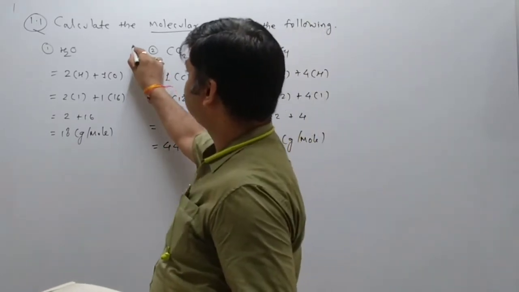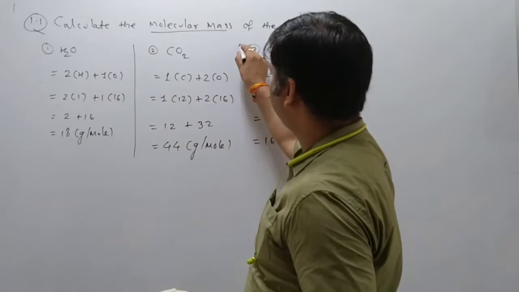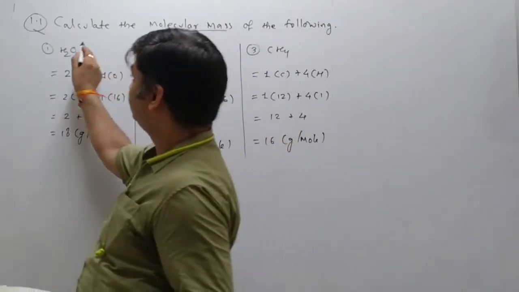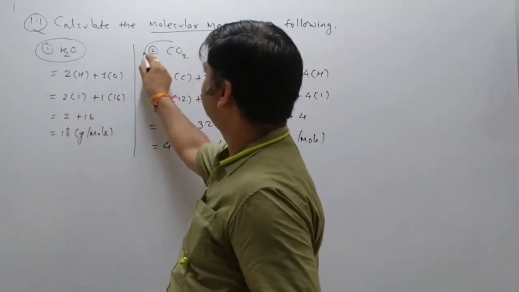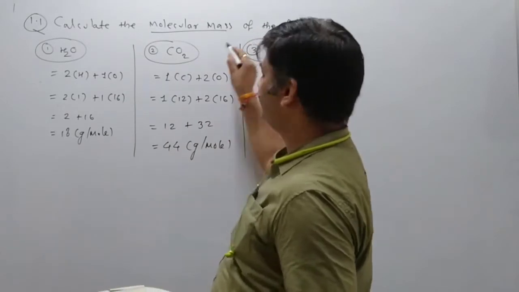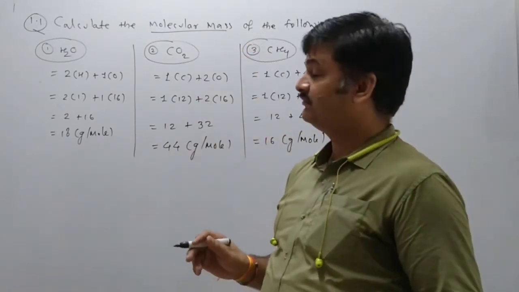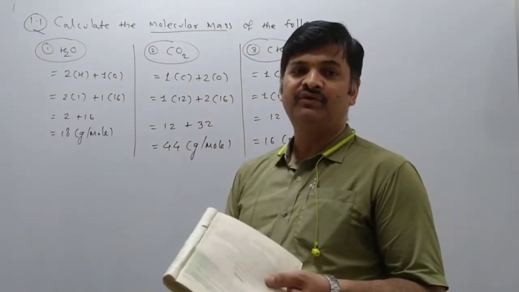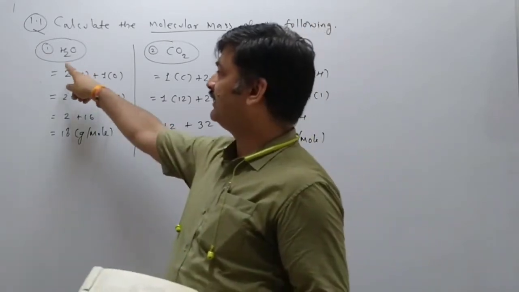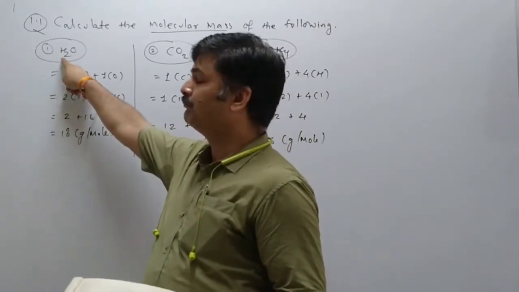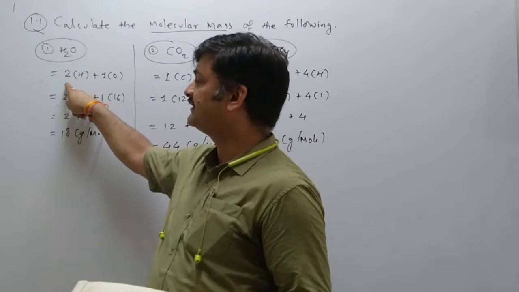So here, this is question 1. The numbers may be changed, but the method will remain the same. In the first step, whatever number is given, you have to specify here.